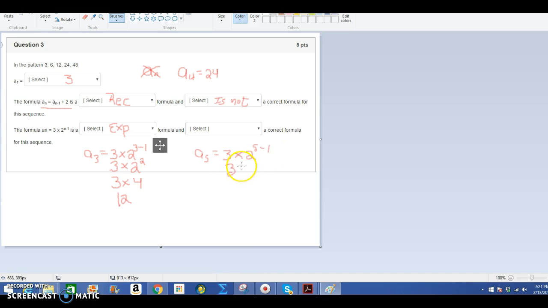So that's 3 times 2 to the 4th. 2 to the 4th is 16, and that's 48. Sure enough, the fifth term is 48. All right, so this is a correct formula.